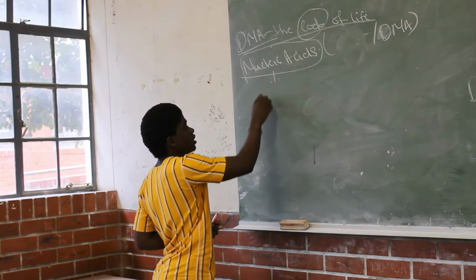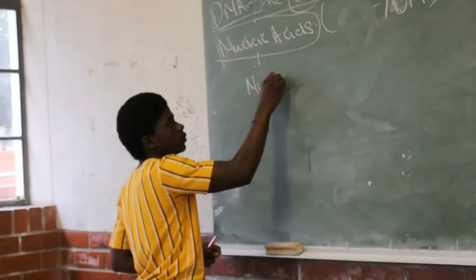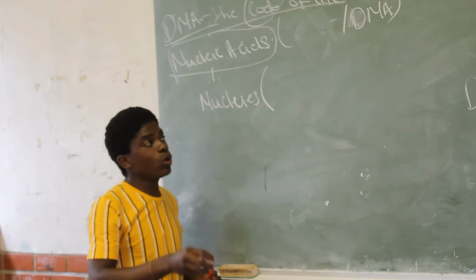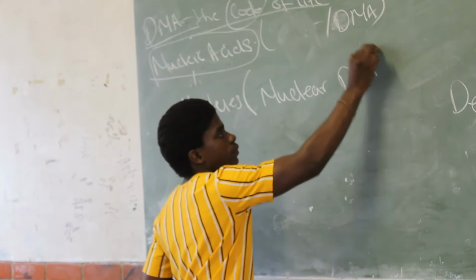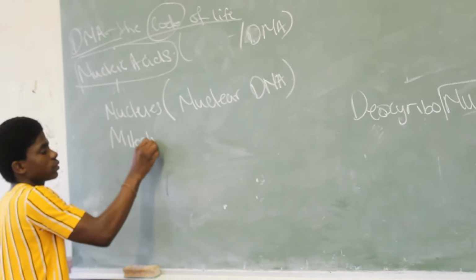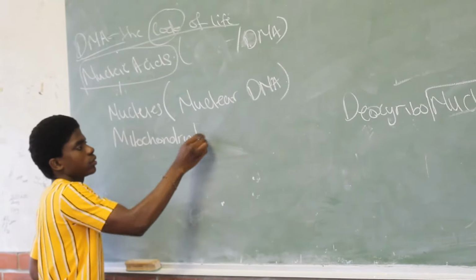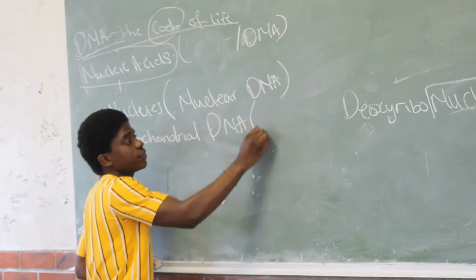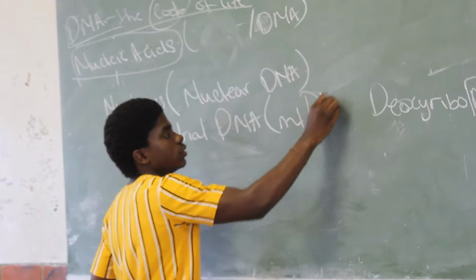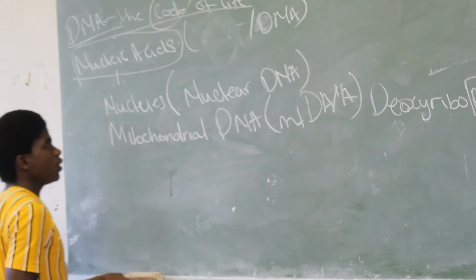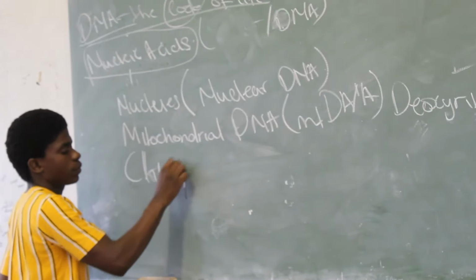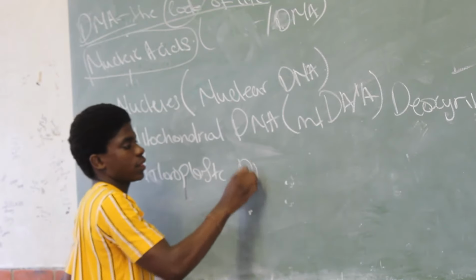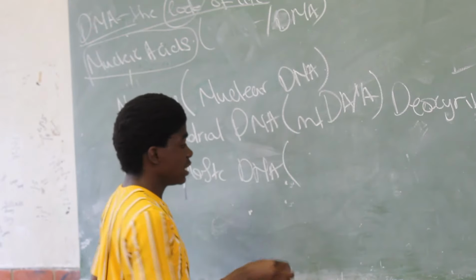DNA found in the nucleus is called nuclear DNA. Then we have another one, mitochondrial DNA, which is found in the mitochondria. And then we also have chloroplastic DNA, which is found in the chloroplast.